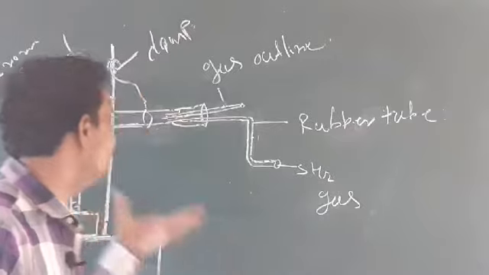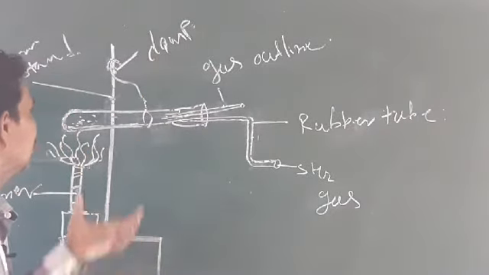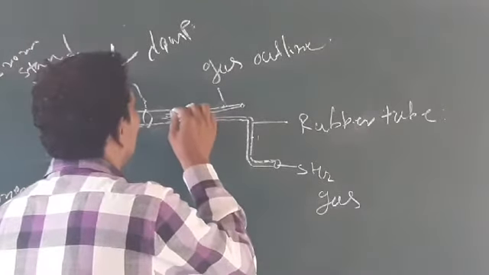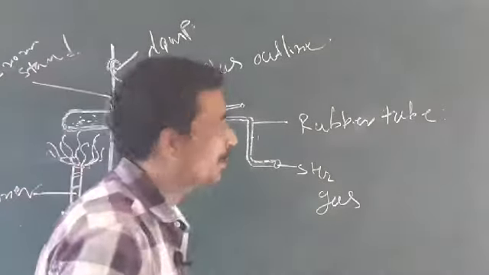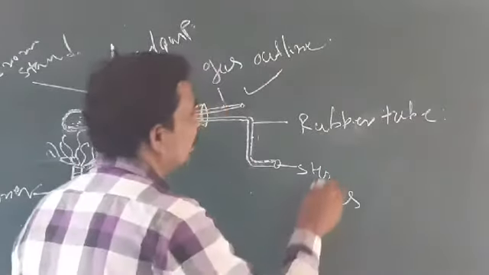Okay, in this diagram we arrange one iron stand, and a boiling tube attached with a cork, and two pipes inside. One is an outlet glass tube, another is a rubber tube.